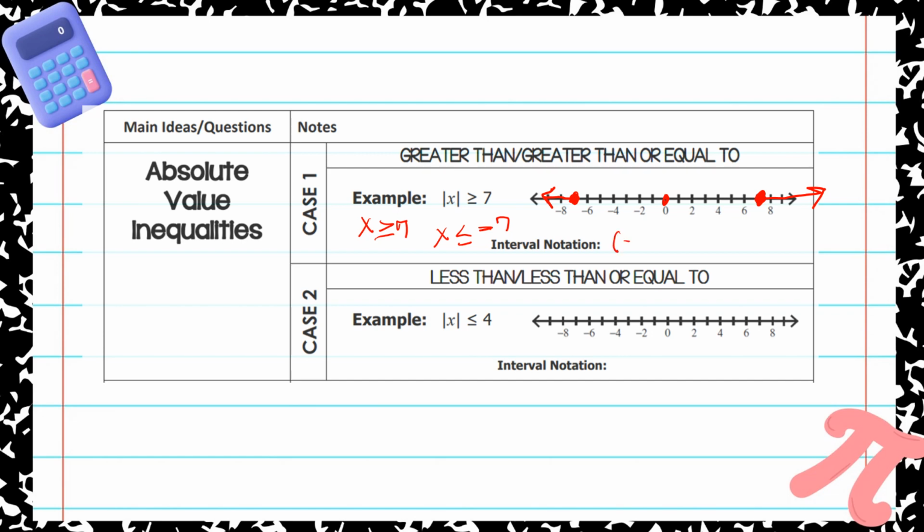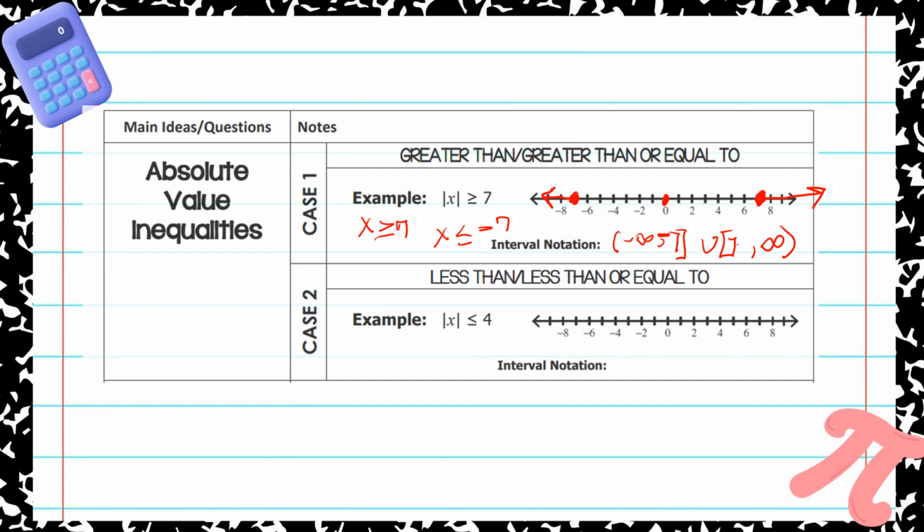So in interval notation, I'm going from -infinity to -7, union 7 to infinity. And those are included, so we're actually going to be using a bracket instead of a parenthesis for those numbers.